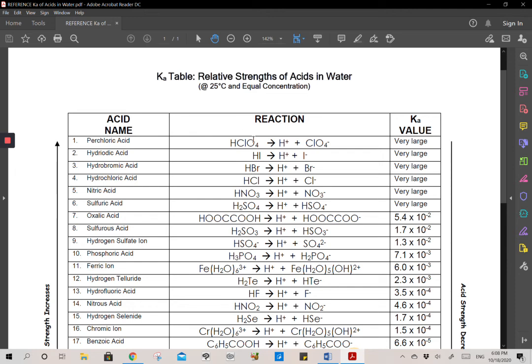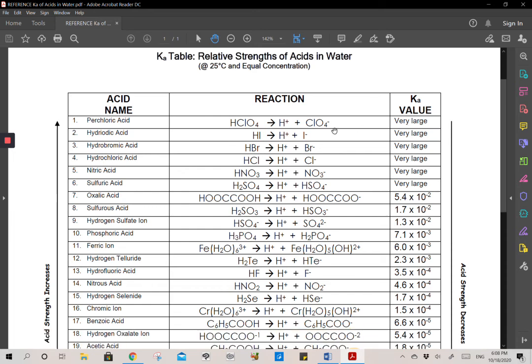So if you look at this chart here, you'll see a couple of things. I wouldn't worry too much about the Ka value column just yet. We'll get to what it actually means, but how you read this particular table is all of your very strong acids are at the very top.